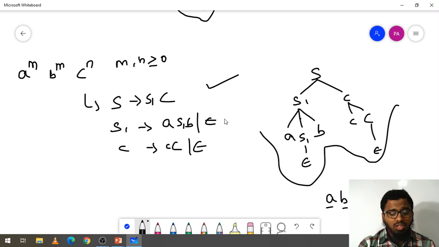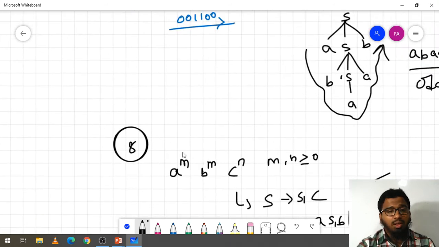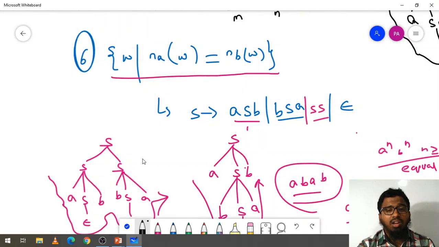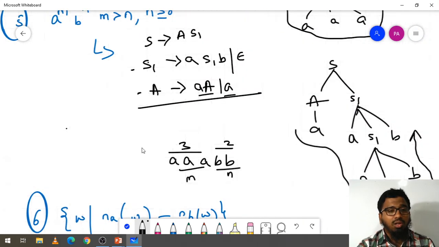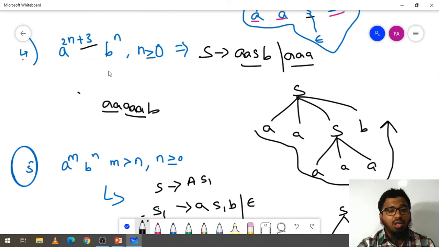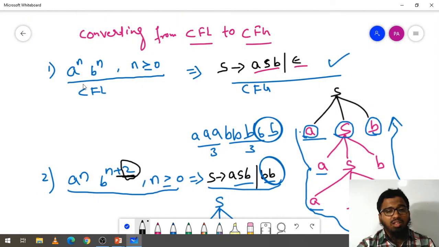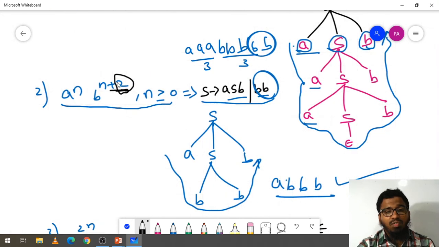Okay, so this is about some of the examples. Like in the exam you will get the question, convert the CFL to CFG. Okay, this is for the even number of A's and B's. Whenever we have a plus, we need to add which power, like B power 2.